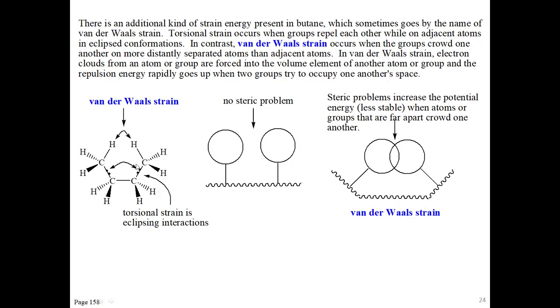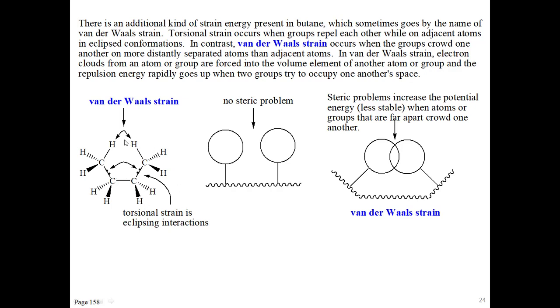Now there's another kind of strain that we had in the butane which I ignored, and I will continue to ignore that. But that is when I have a big group up here, it can get in each other's way. The electrons can repel each other through space separately from the sigma bonds that are down here. The sigma bond eclipsing interactions down here are called torsional strain.